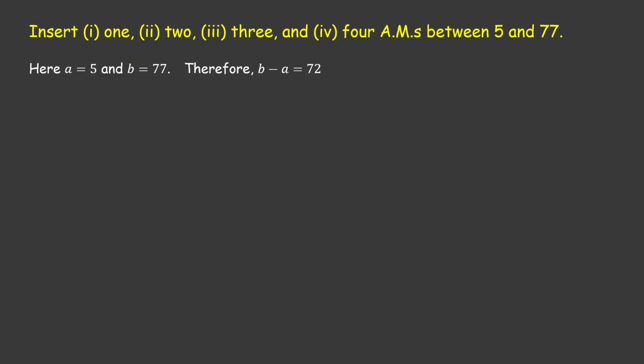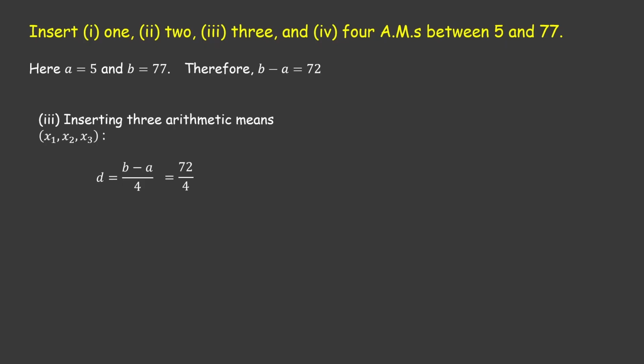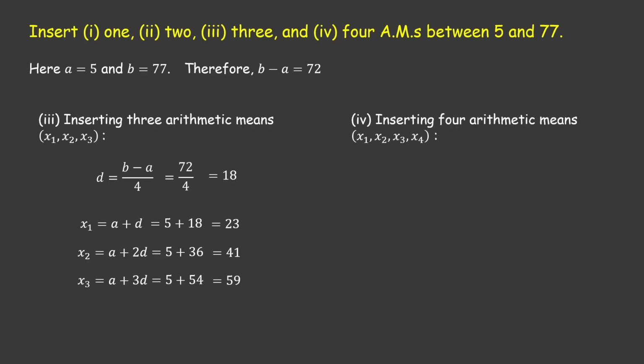Then if we need to find three arithmetic means, the difference is (b - a)/4. 72/4 is 18. Let's find x1, that's 5 plus 18. Let's find x2, that is 5 plus 2 into 18, which is 36. So that's 41. Similarly, let's find x3. 18 times 3 is 54. 5 plus 54 is 59.